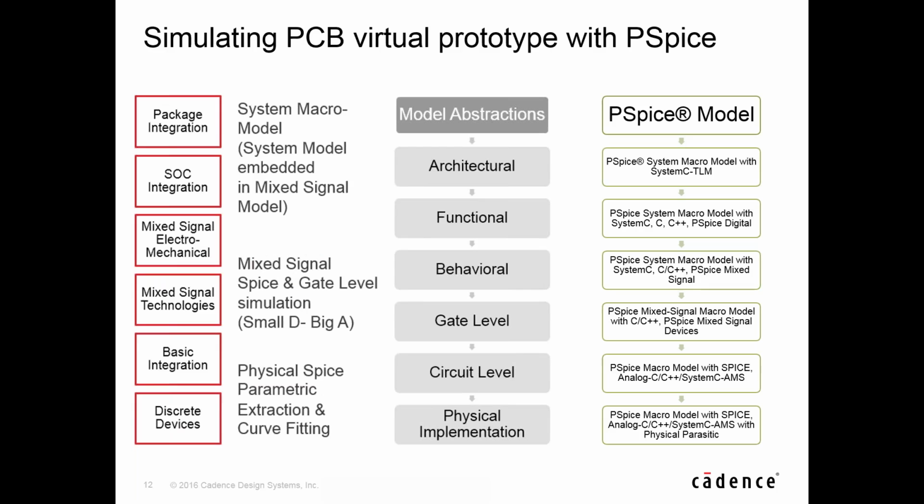If you have some sort of gate level model with C, C++, PSpice mixed signal devices, you can now use that with the PSpice simulator. And we still support all the traditional analog and SPICE models that you've been using today. So we basically just expanded the simulation engine and its capabilities to absorb all these different types of models, so you can now truly model your system at any level of abstraction that you need.